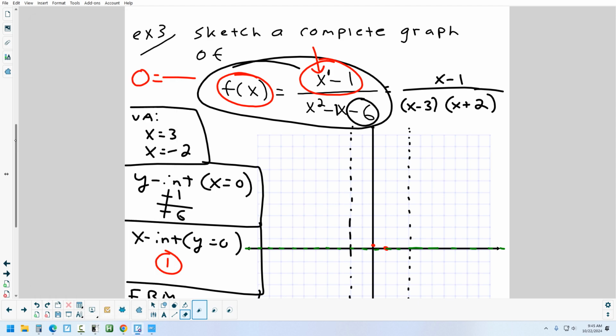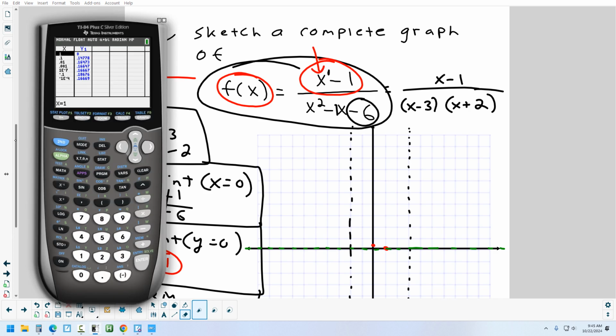And our first vertical asymptote was at 3. That's the one on the right. What's a number that's just, don't do 3, because you're going to get an error. But what's a number that's a little bit smaller than 3, but extremely close to it? Yeah, like 2.99. We're at negative 400.